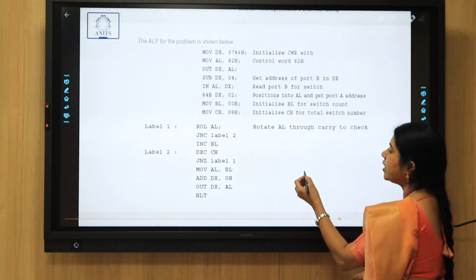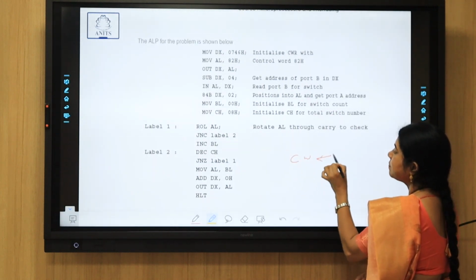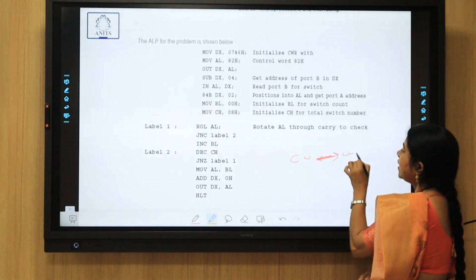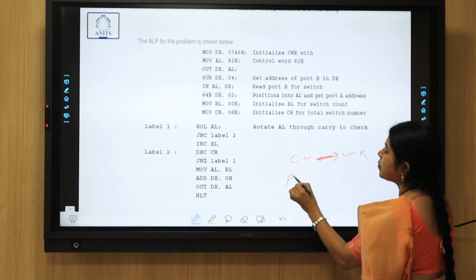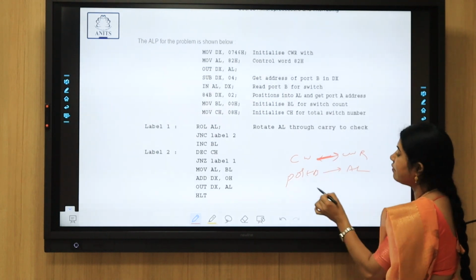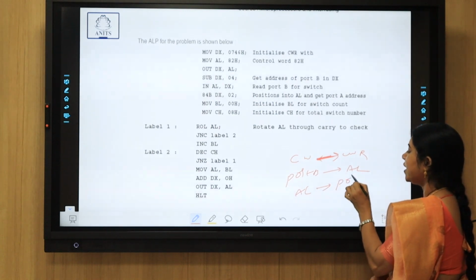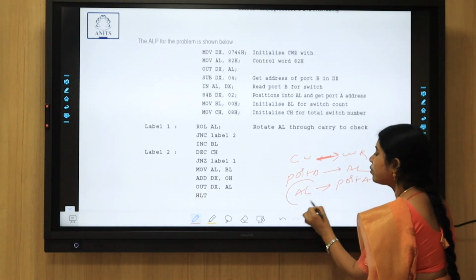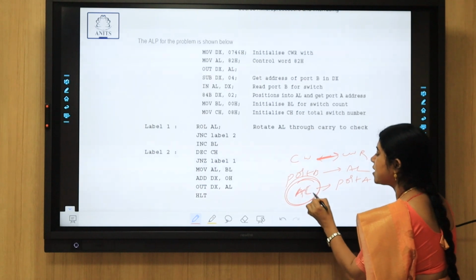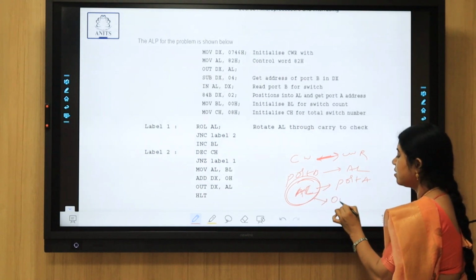So what we have to do here is write the control word in the control word register. We have to get the switch pattern from port B to the accumulator. Then we send the data from the accumulator to port A, and we have to check all the bits of this accumulator because we have to get the on switches count.